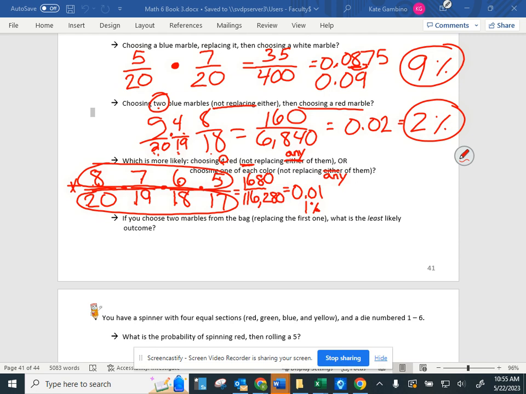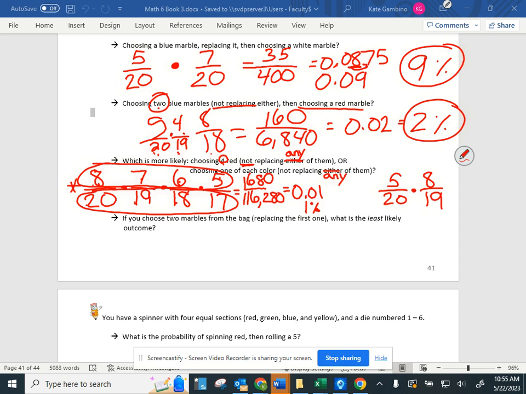So now I need to find out what's the probability of choosing each color, not replacing any of them. So what's the probability of choosing a blue? 5 out of 20. What's my probability of choosing a red? 8 out of, say it louder, 19.